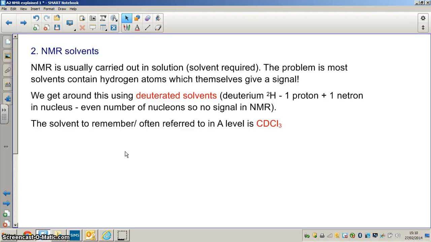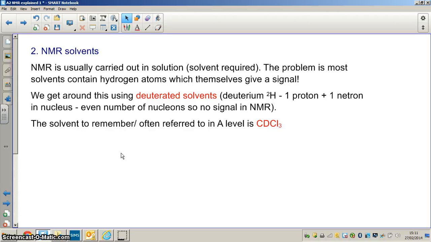And because hydrogen has only got one proton, obviously hydrogen produces an NMR signal, because it effectively behaves like a little magnet, much like the explanation that we've previously given for carbon.